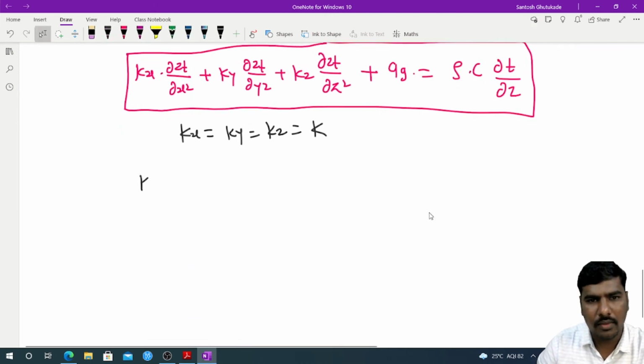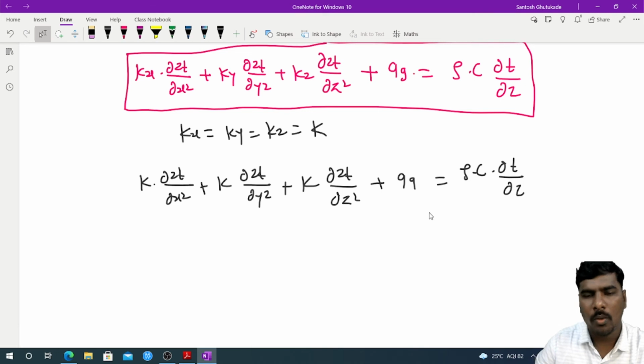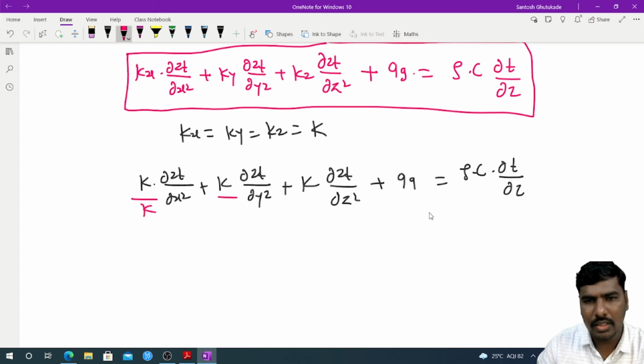So we can write this equation as k ∂²T/∂x² plus k ∂²T/∂y² plus k ∂²T/∂z² plus qg is equal to rho c ∂T/∂tau. Now we will divide this total equation by k, so all terms are divided by k.